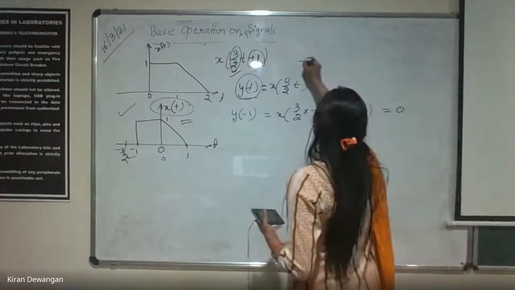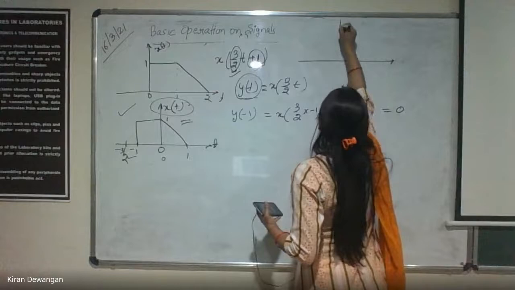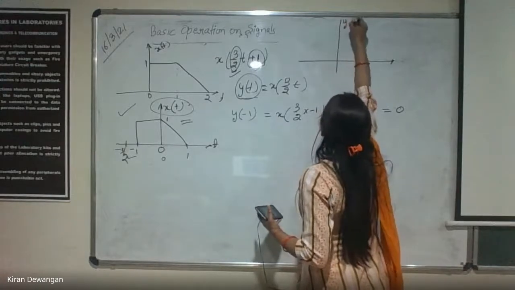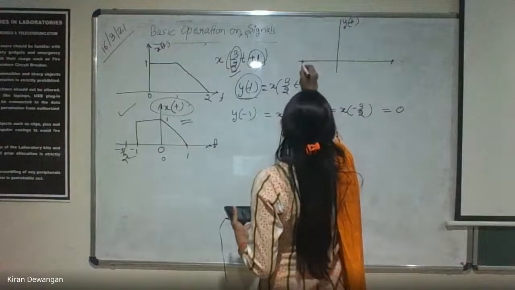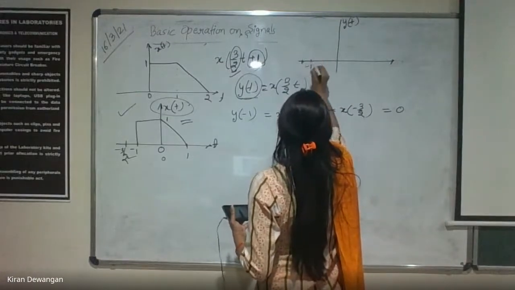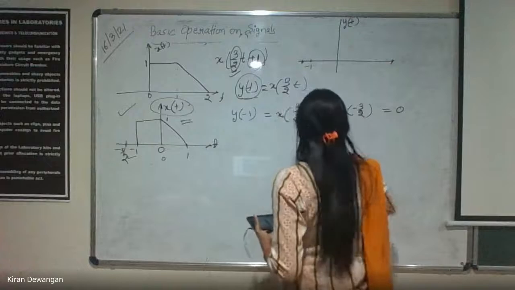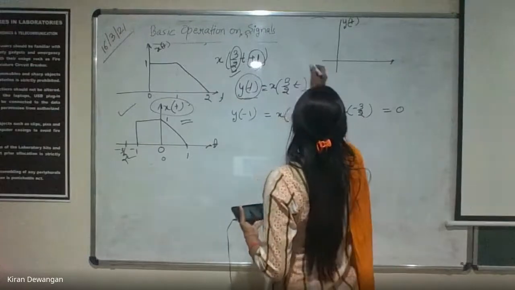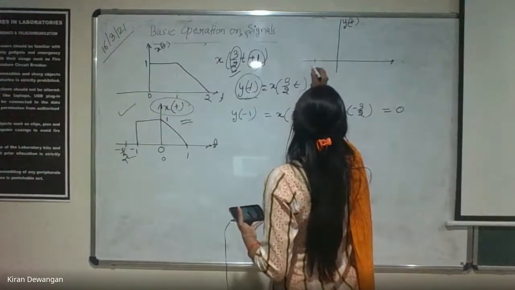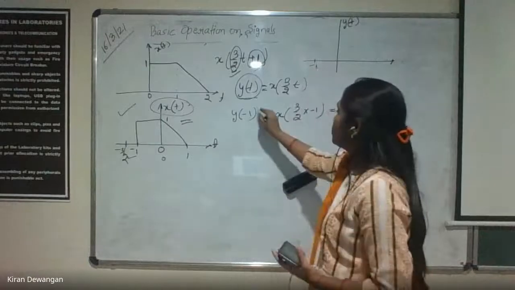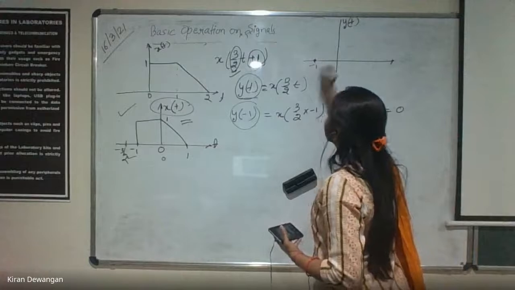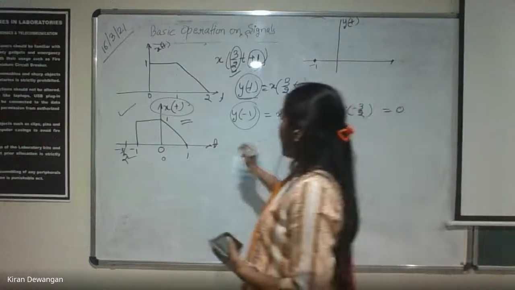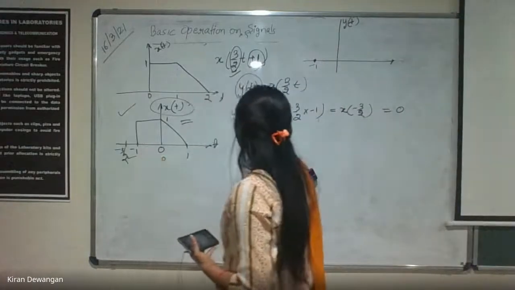So when we are plotting, this is my y of t. At this point, let us take -1. So somewhere here, I'll be having -1. So the y of -1 value I'm getting is 0. Now I'll be checking with another value.